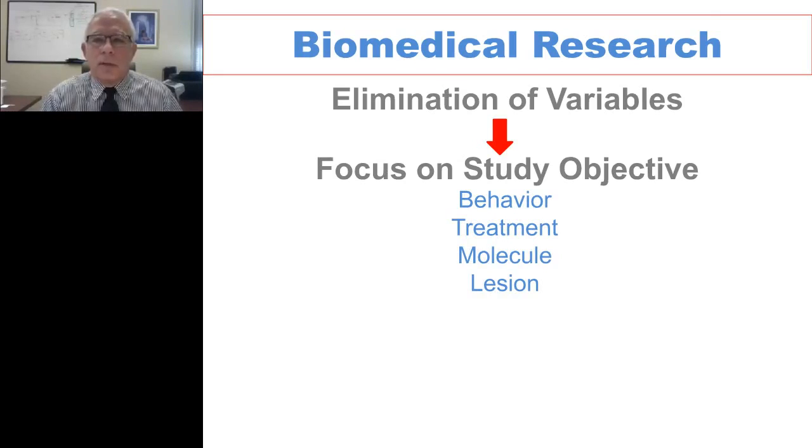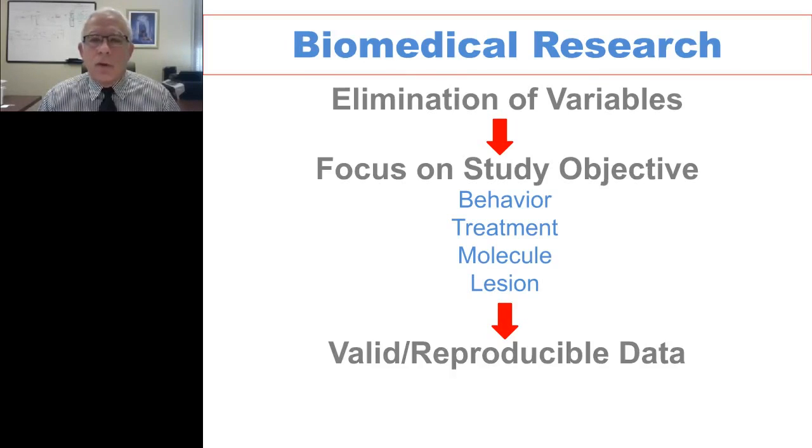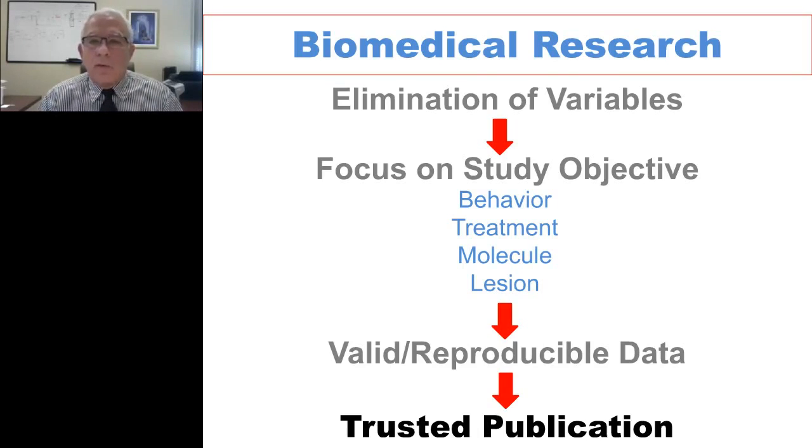That study objective can be a behavior, a treatment, a molecule, a lesion, a drug, or a particular surgical procedure of some type. So when one can focus on the study objective and not the variables, then the data can be valid and reproducible by eliminating the variables.